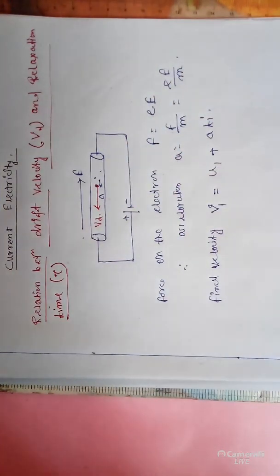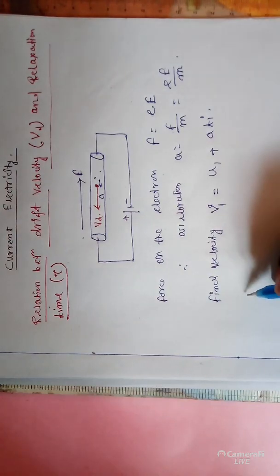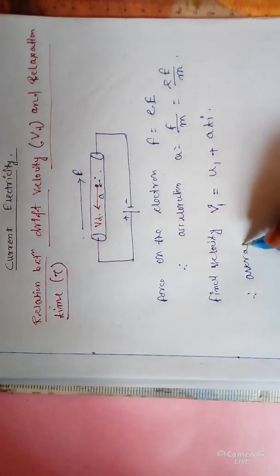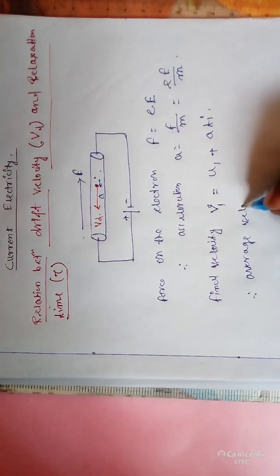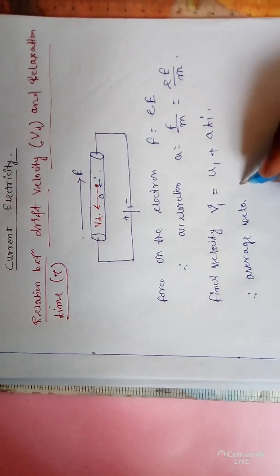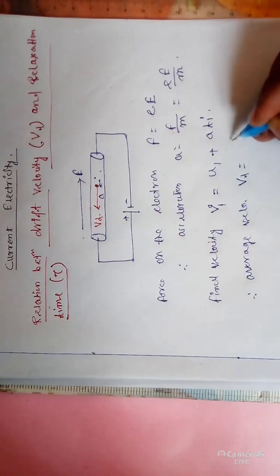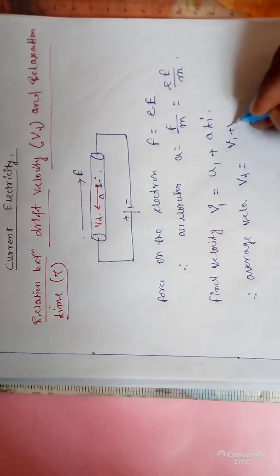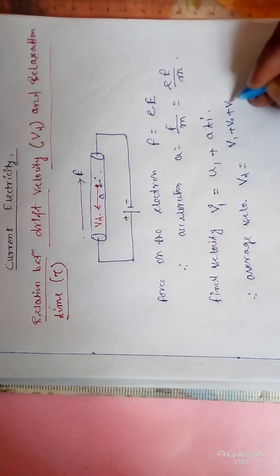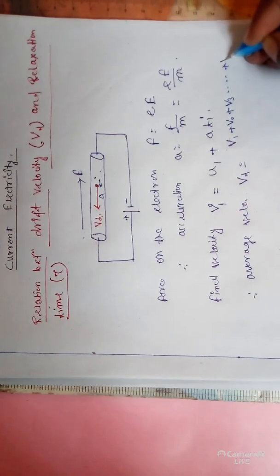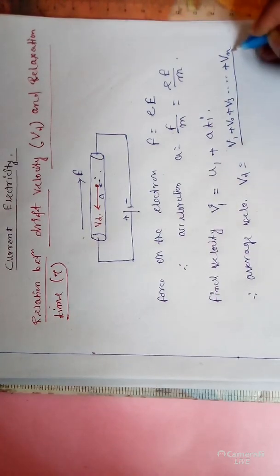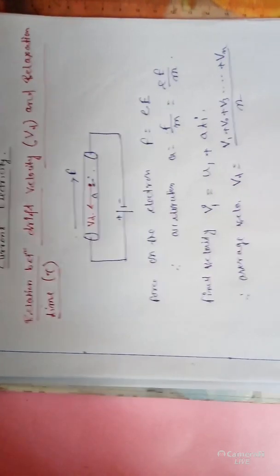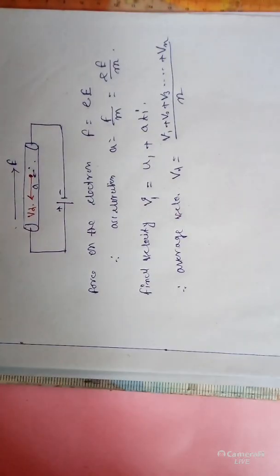So the average velocity you have to take. What is the average velocity? The average velocity, known as drift velocity Vd, will be v1 plus v2 plus v3 dot dot dot plus vn divided by n, the number of electrons.